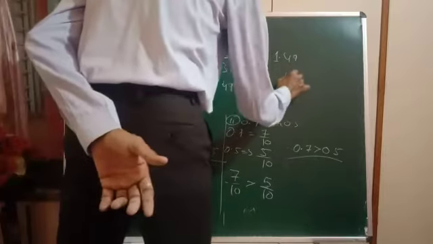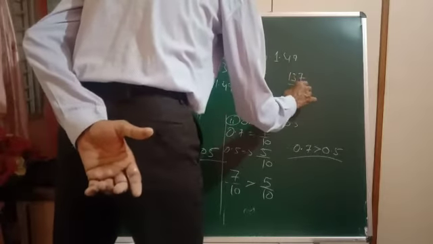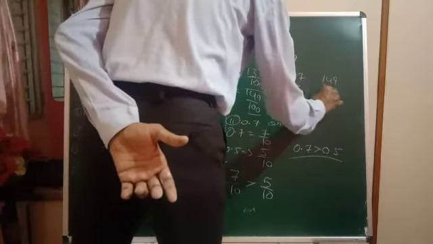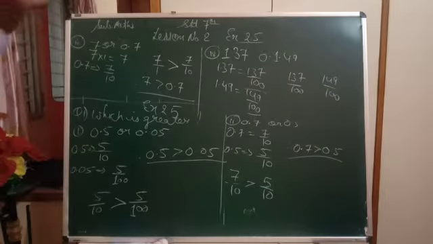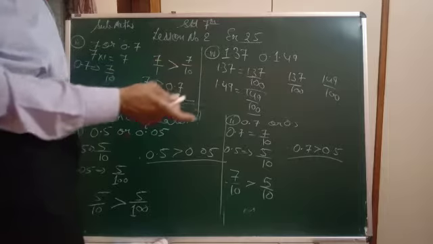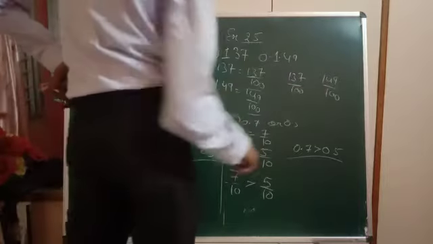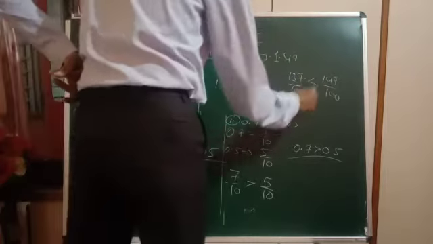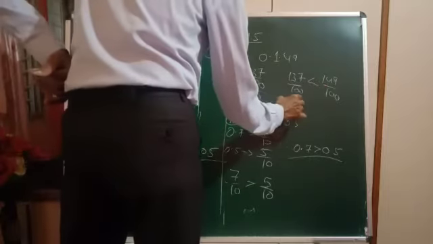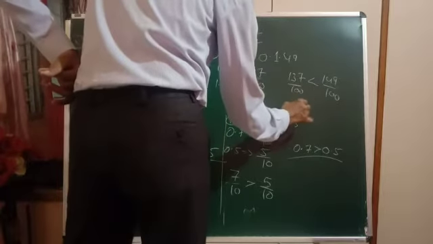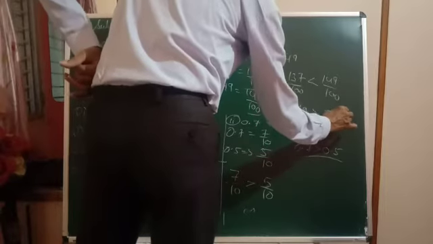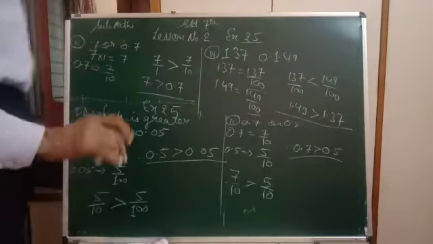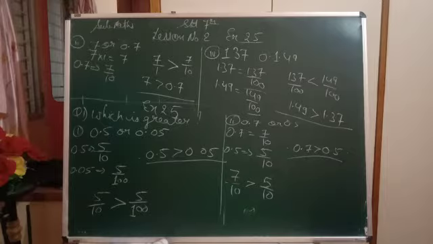So we can compare 137 upon 100 and 149 upon 100. Which one is bigger? 149 is bigger. Therefore, we can write 1.49 is greater than 1.37. Okay, we can clearly mention which one is bigger. Is that clear?